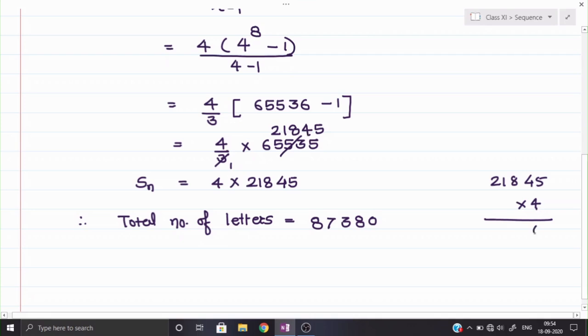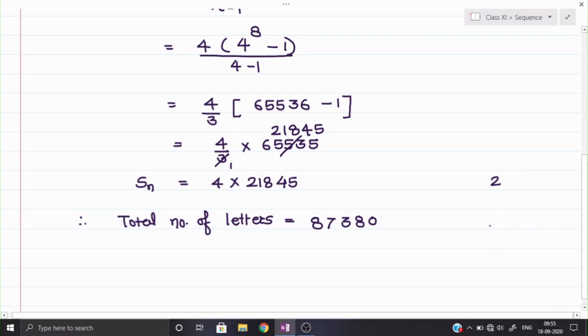Correct. And this one also we can check. 5 4s are 20, carry 2, 4 4s are 16, plus 2, 18, 8, carry 1, 8 4s are 32, plus 1, 33, carry 3. Okay, 4 ones are 4, plus 3, 7, and 4 twos are 8. So 87,380 is the total number of letters posted.